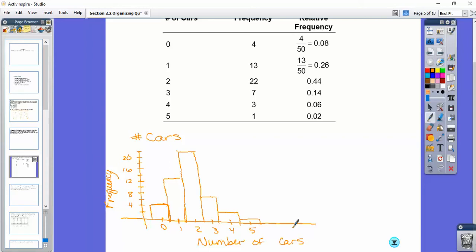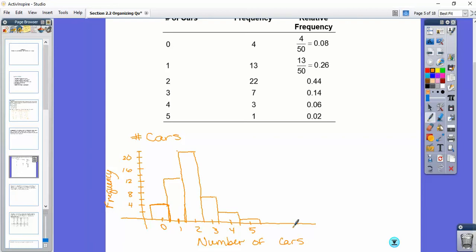The example also asked for the relative frequency histogram. We can make it if you guys would like, but let me just ask you, what's going to change when I do a relative frequency histogram? The y-axis. It's not even going to change the bars themselves, it's just the labels over here.